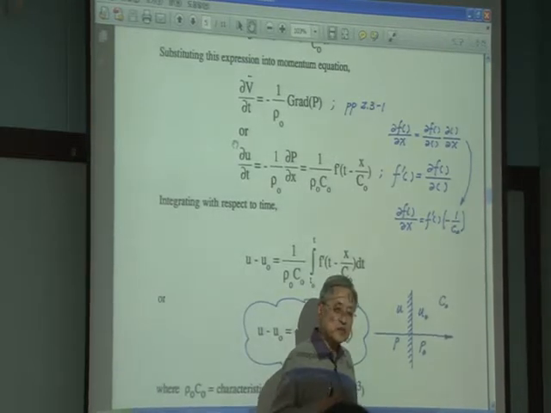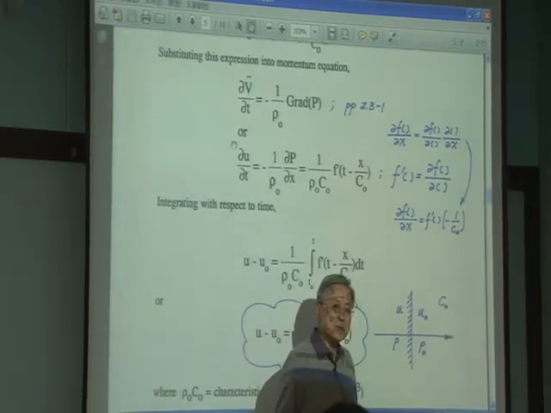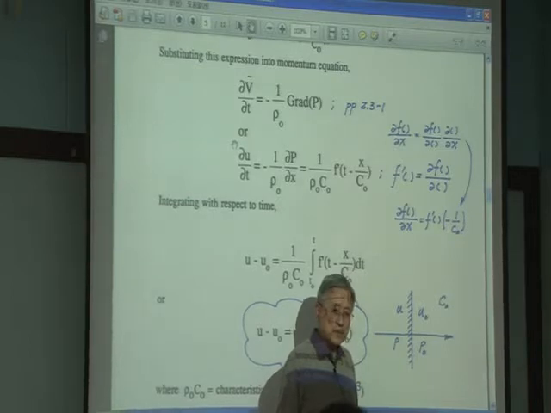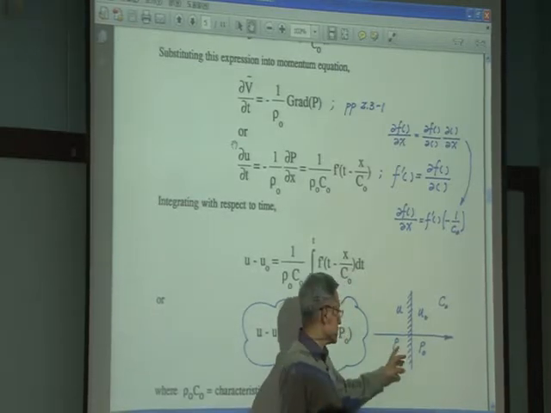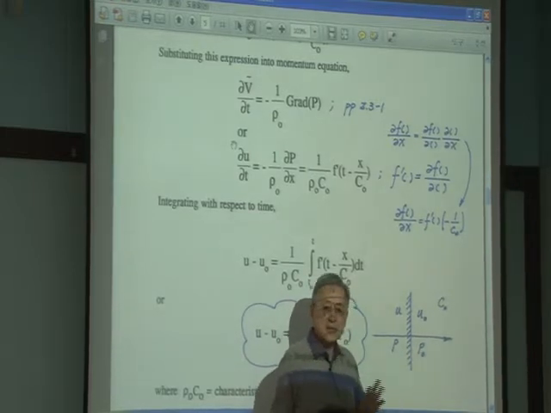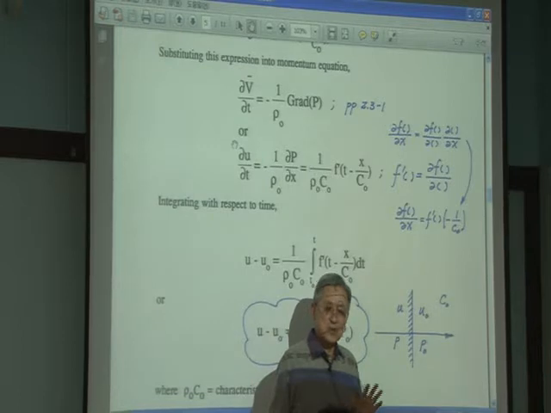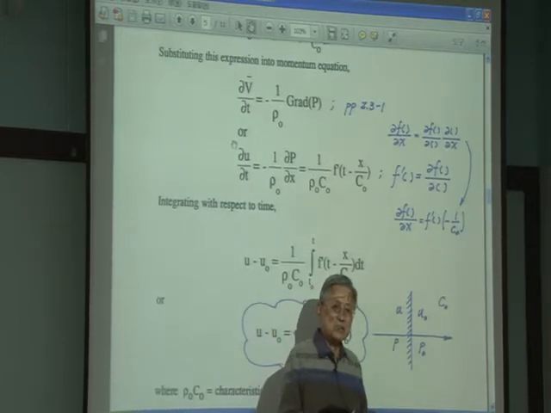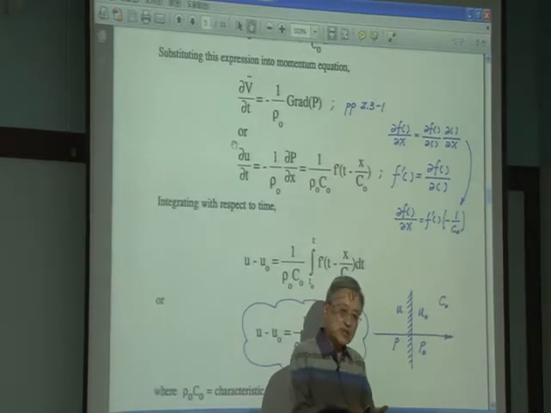My interest is really the dynamic pressure carried by the shock wave. In other words, I'm going to set P minus P naught as the dynamic pressure, or what people call the gauge pressure, what the gauge registers.